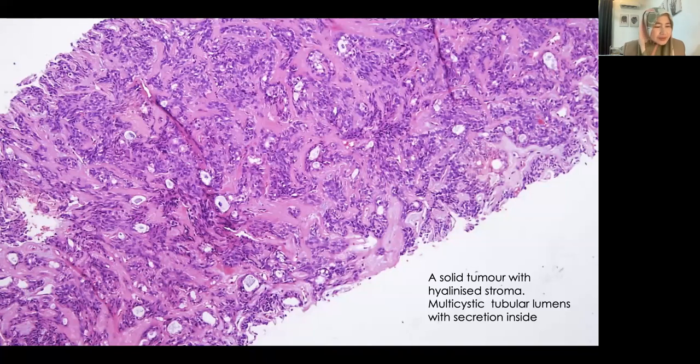The closer view of the tissue shows a solid tumor with high stroma with multicystic tubular lumens. You can see here the multicystic tubular lumens with secretion inside.